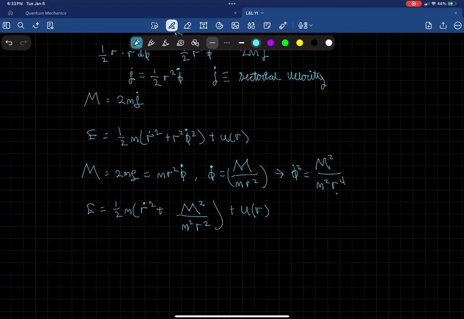And from here, we can simply solve for r dot.